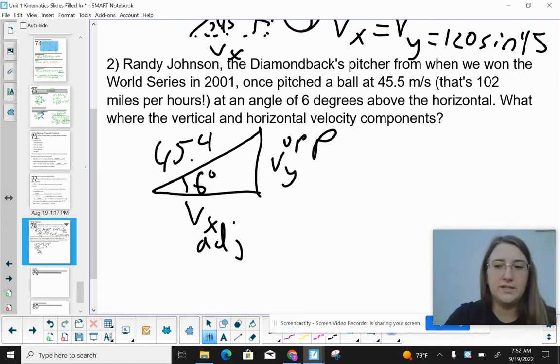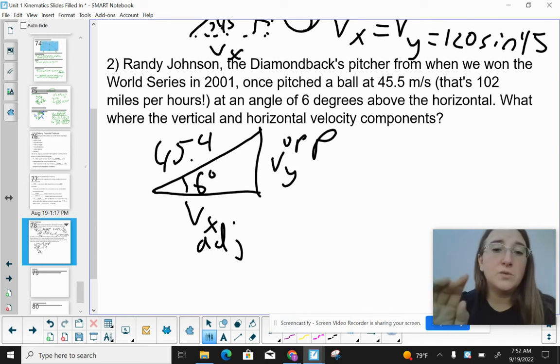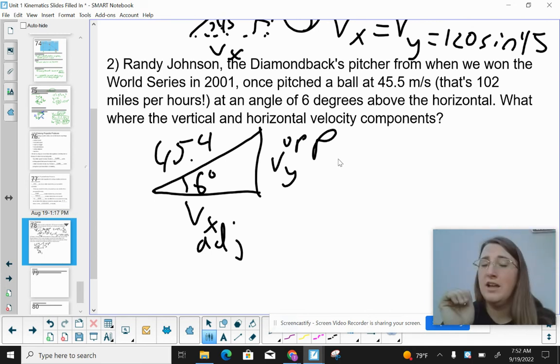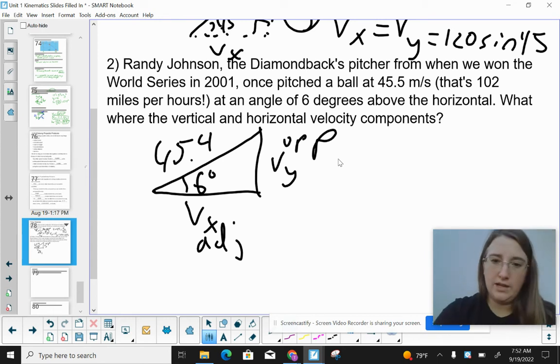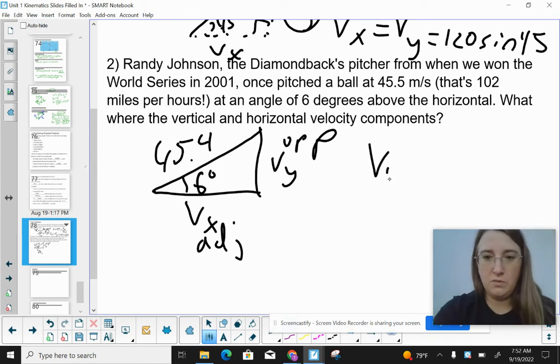Again, excuse my very terrible writing here. So what that meant was, for y you should have done sine, and for your x you should have done cosine. So we've got Vy equals... I can do that because I've done this enough times, and we'll talk about that later.